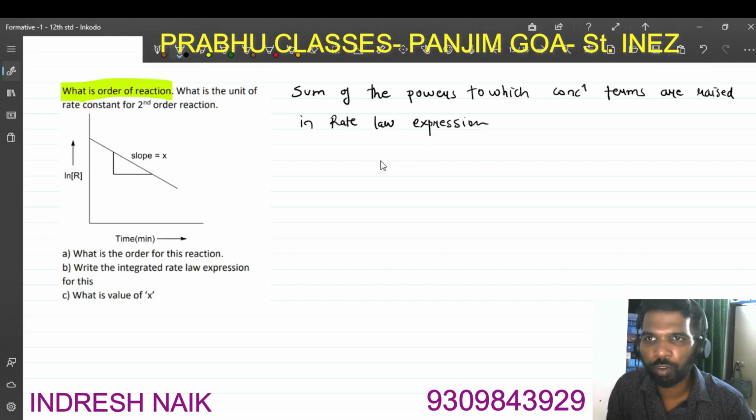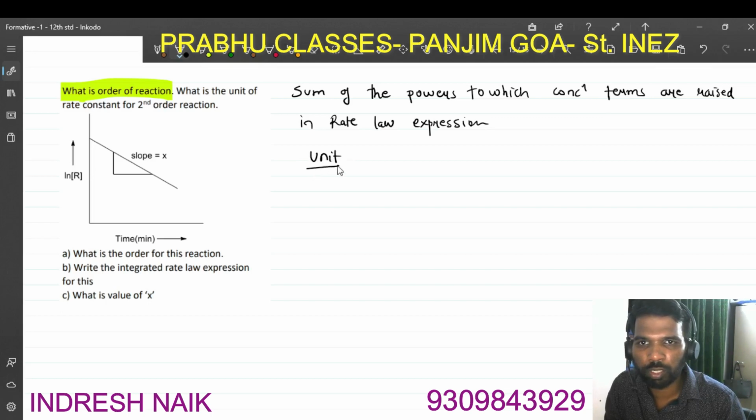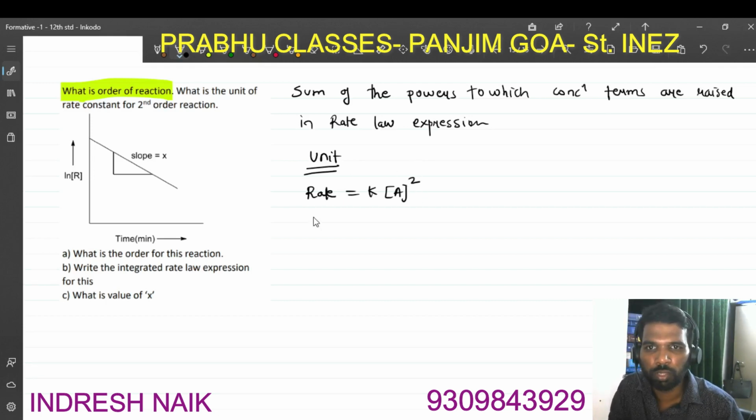What is the unit of rate constant for the second order? So how do we find the unit of the rate constant for a second order? Rate is equal to K times reactant A raised to, sorry, second order means we'll write raised to 2, no? So the unit of the rate is moles per liter per second. K I need to find.